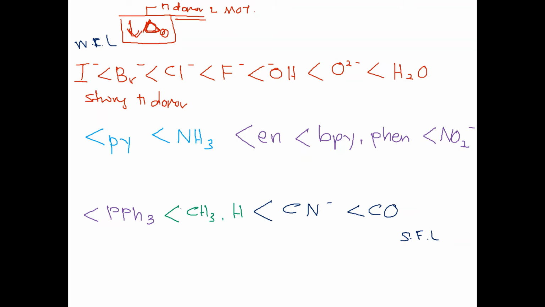And then across this series, you can have a strong pi donor, and these two are weak pi donors. When you have a weak pi donor, the delta O might increase a little bit, but not too much.